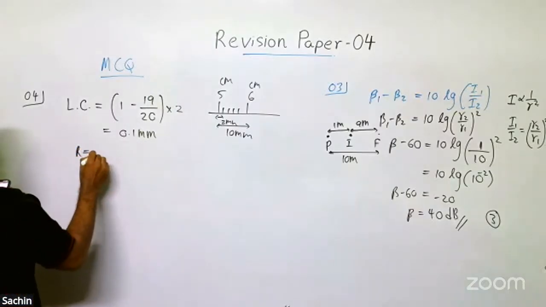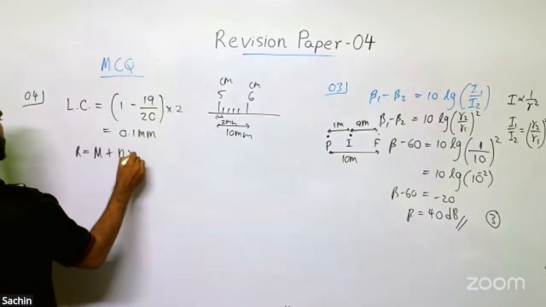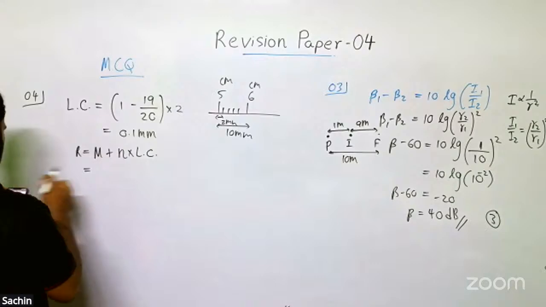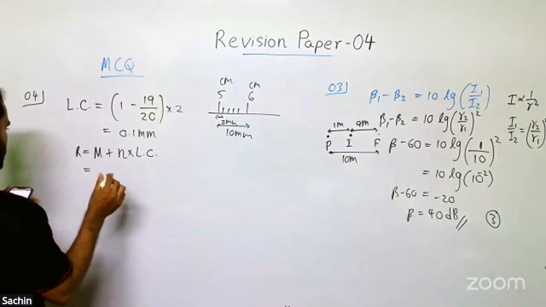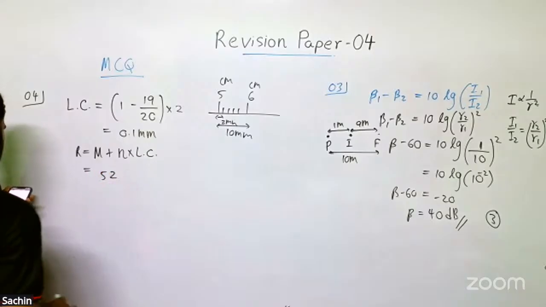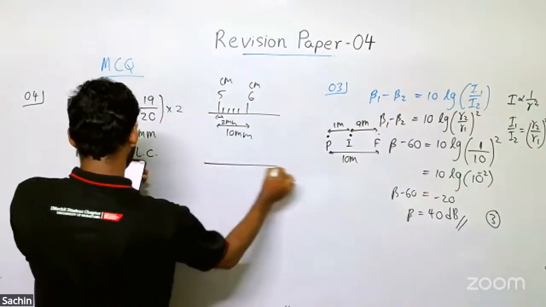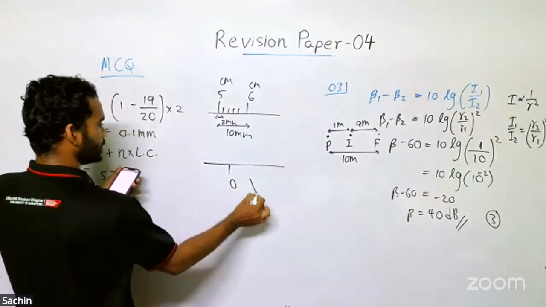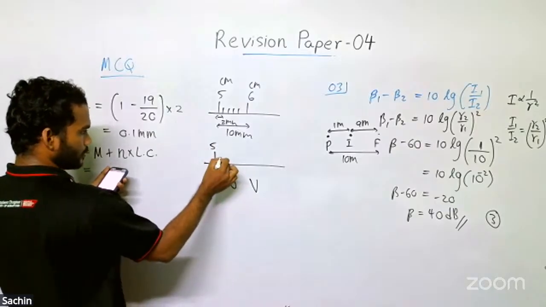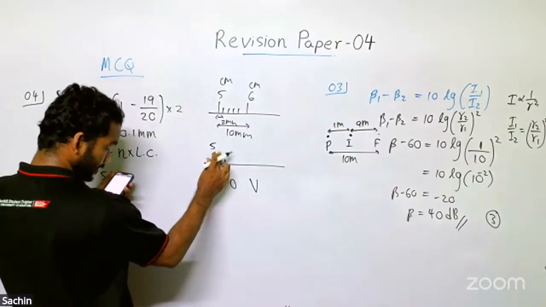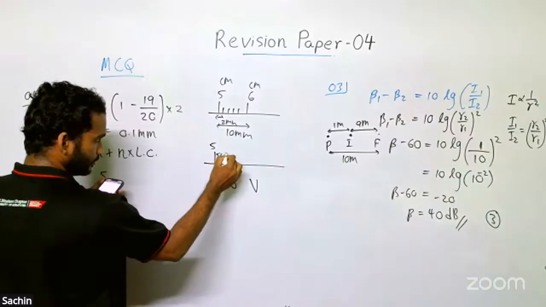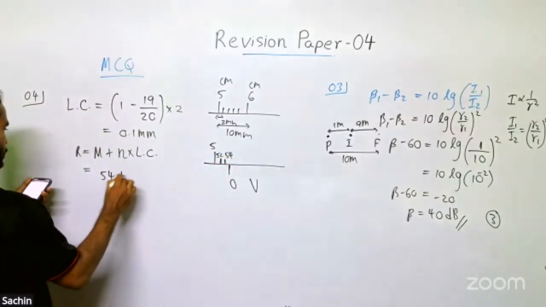Then the reading should be equal to main scale reading plus number of divisions times least count. So the main scale reading, the part just before the vernier zero, is 52, right? If you see the figure, just before the vernier zero, that is the 52nd part. This is the second part, so this should be 54 actually, 54.